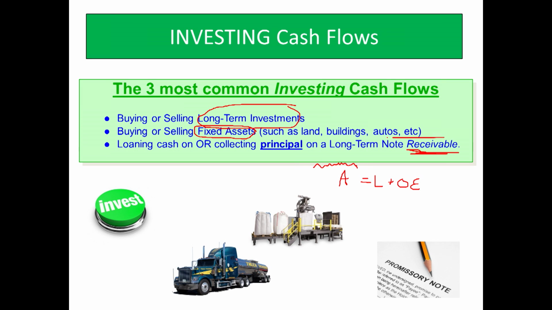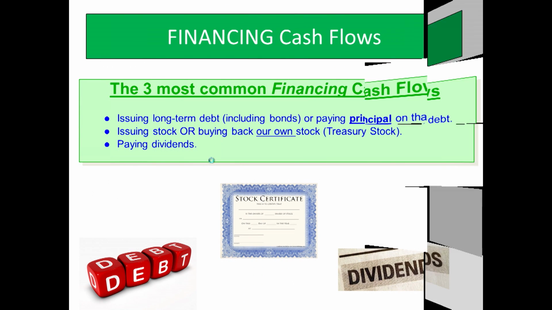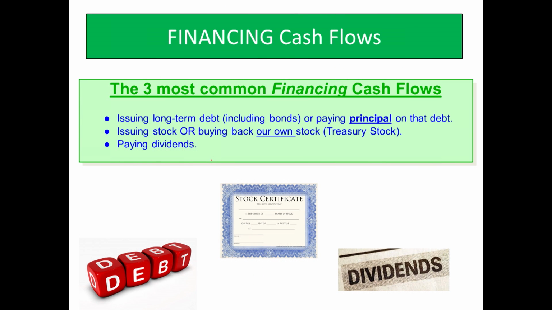And of course, a long-term note receivable is a long-term asset. Does that make sense? So investing activities have to do with long-term items on the left side of the accounting equation. But these are the three most common ones. Okay? Memorize those.